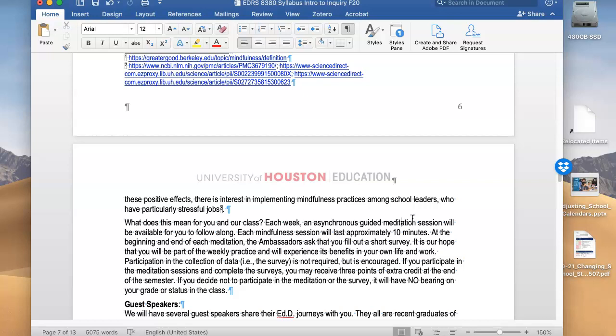And whatever your decision is, it has no bearing on your grade. If you choose to participate in the meditation sessions and complete the surveys, you can get 3 points of extra credit, but you would not lose any points. Let me know if you have any questions, and I can put you in touch with the PI for that research.